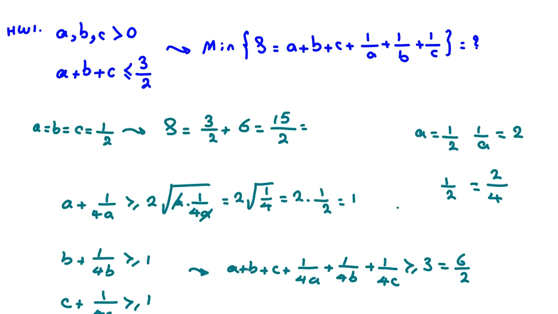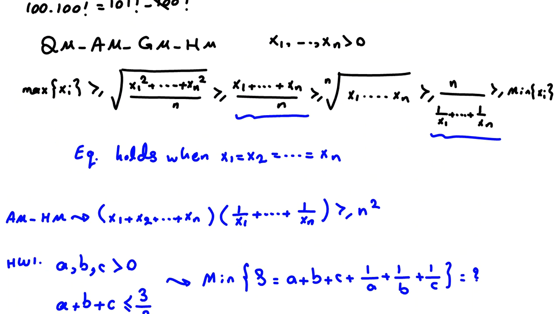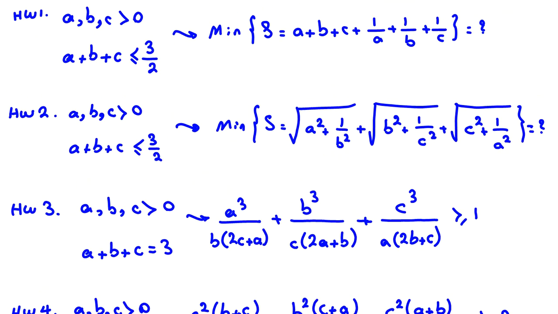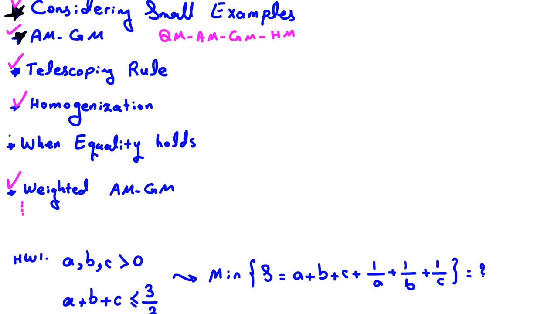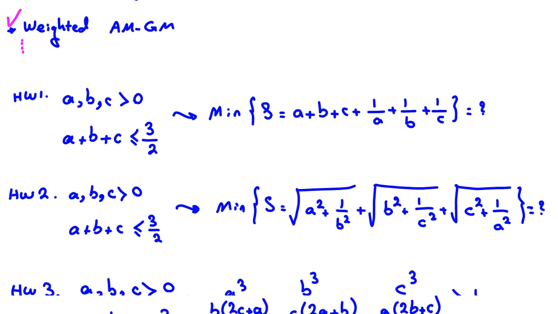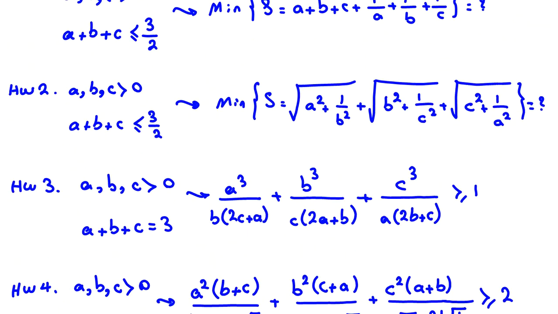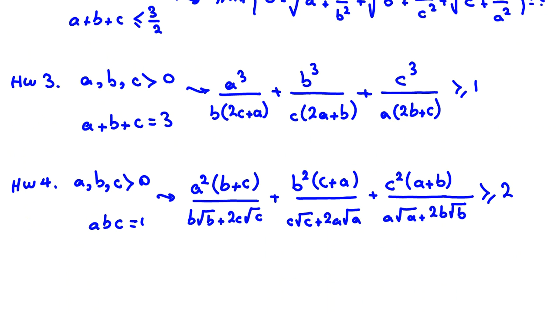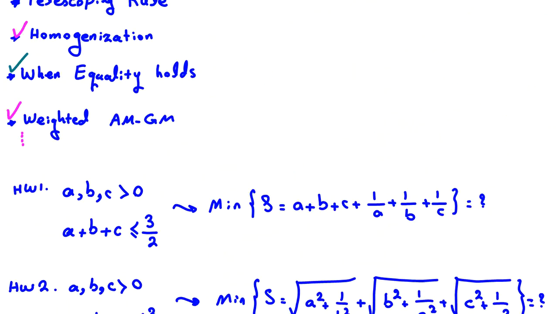But how could we understand that we should consider this coefficient 1 over 4 to reach the answer? By the case that equality holds. By this idea, which I've told you, you can solve these 4 problems. I solved one of them, and the other 3 problems and a lot of other homeworks can be solved by using the case when equality holds and finding corresponding coefficients.